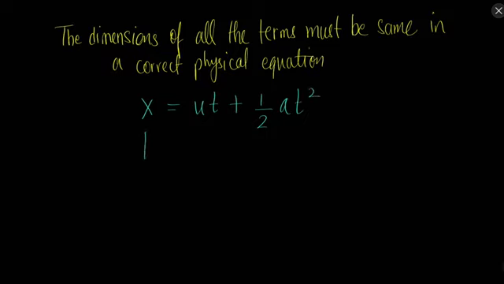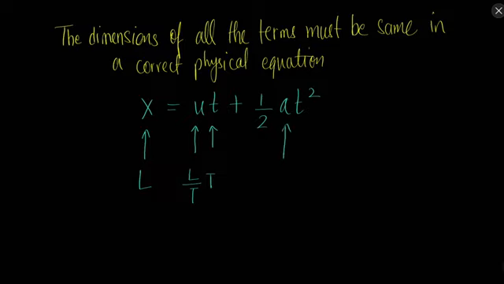So what is the dimension of distance or displacement? It is length. Now this is velocity. The dimension of velocity is length upon time. Dimension of time is obviously time. Then this is a constant, so having no dimension.